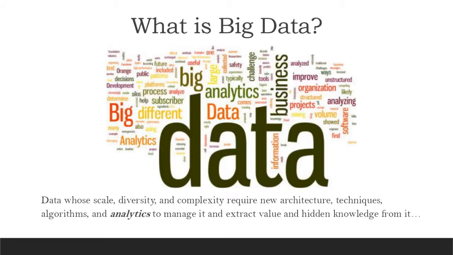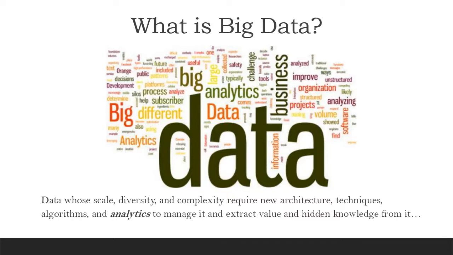So first of all, what is big data? As the name implies, it means this is of big scale. Defining big also has to do with the diversity of the data, that the data could be of various formats together.